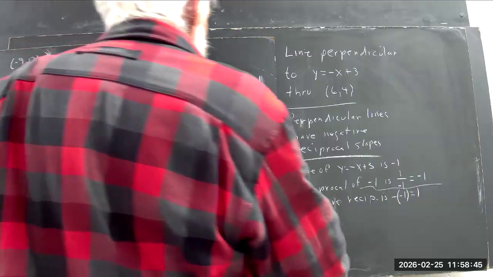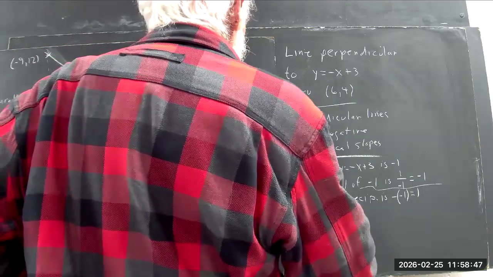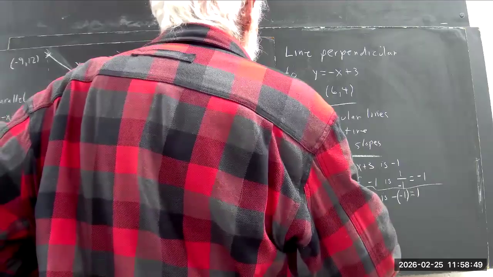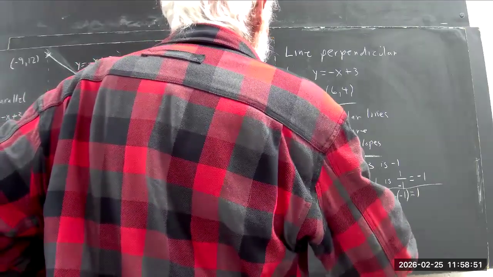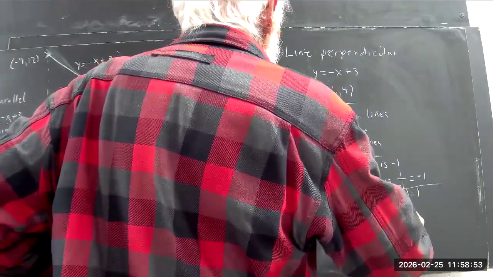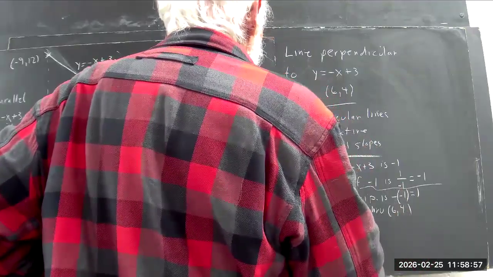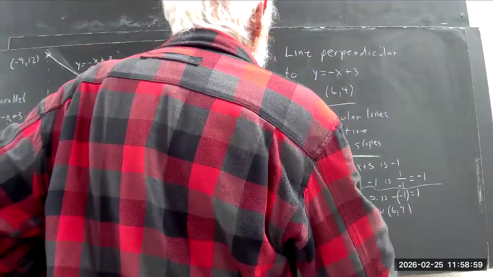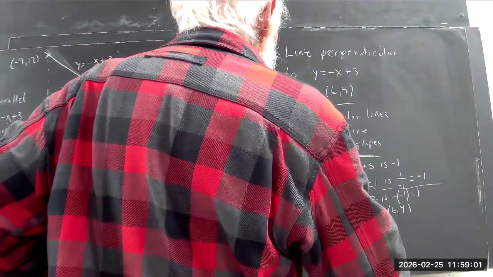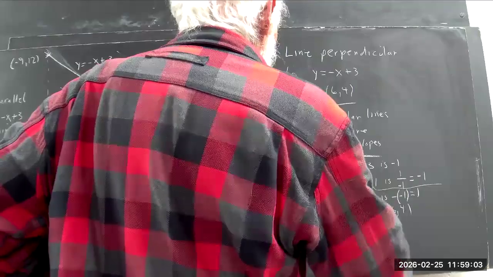So we need a line through 6, 4 with slope 1.